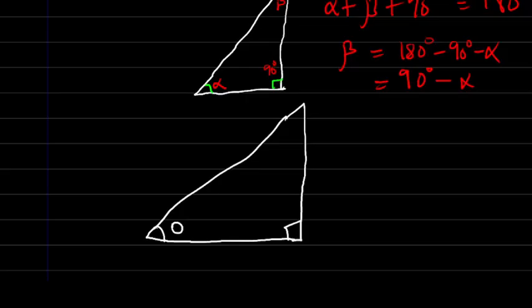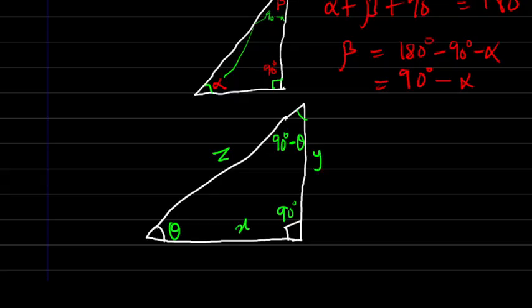If I call it theta, that means this place will be 90 minus theta, according to what we do. So if this is alpha, this will become 90 minus alpha, and if this is theta, this will become 90 minus theta. So don't forget this is 90 degree. Let's call this x, let us call this y, and let us call this z.